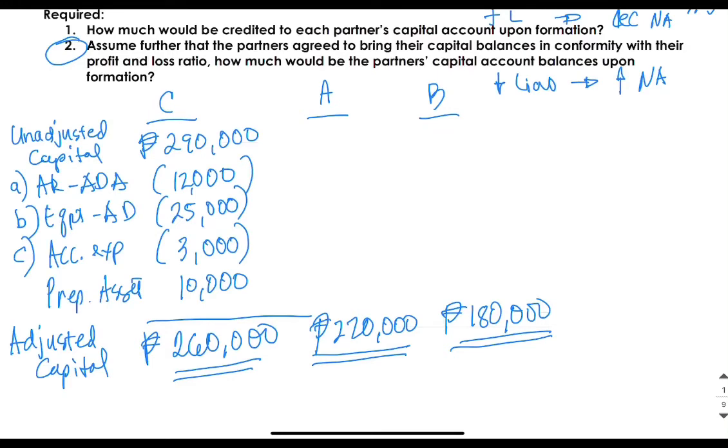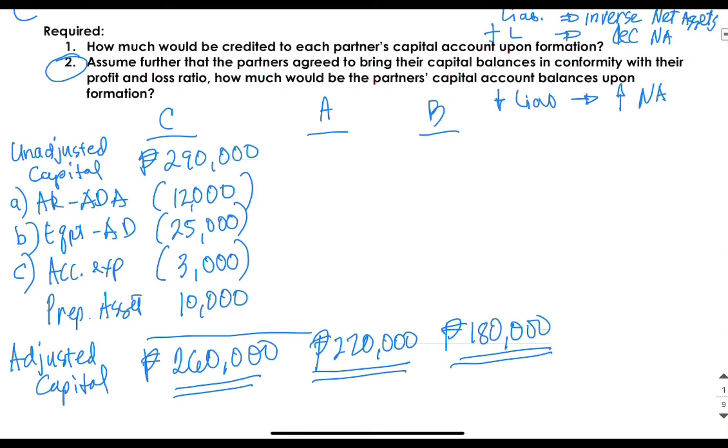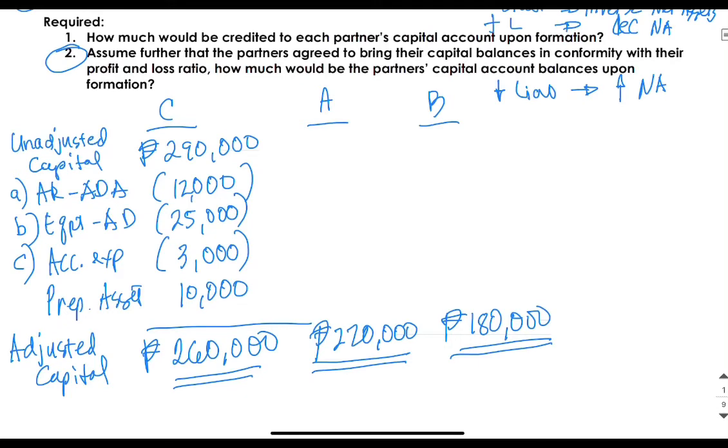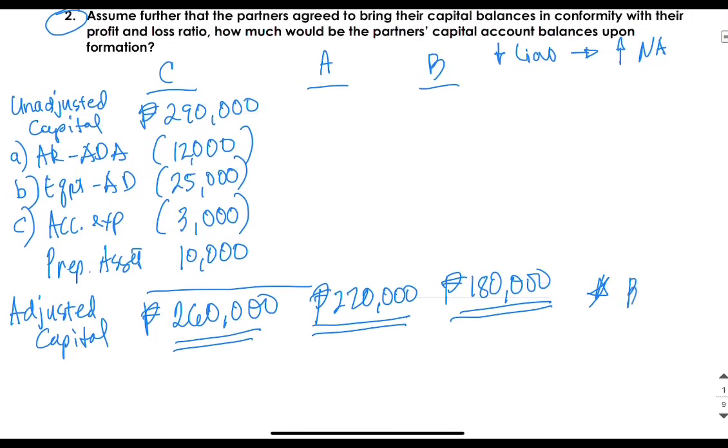Okay, so after determining the adjusted capital, if there is another statement such as this one, where the partners further agree to bring their capital balances in conformity, these answers would not be your final answers. So we have to do the same thing that we have done for our previous problems. So this is your case number 2. We have to use the bonus method.